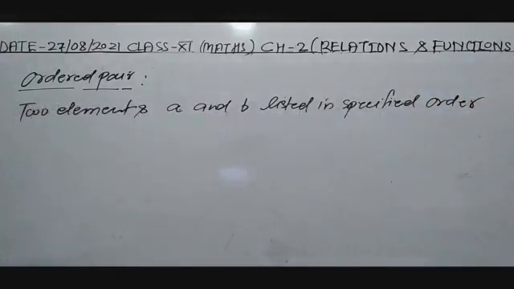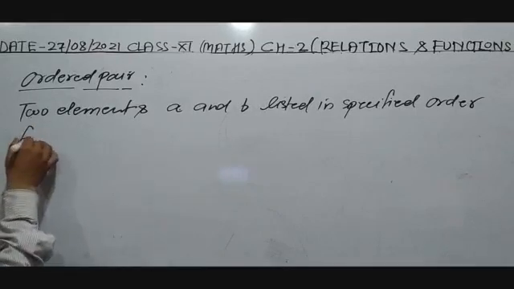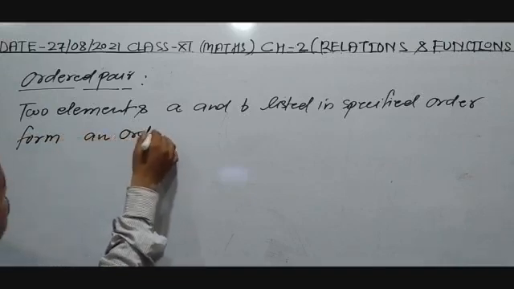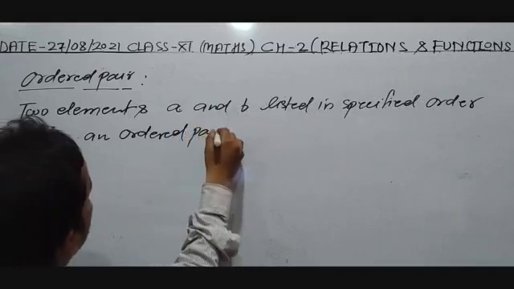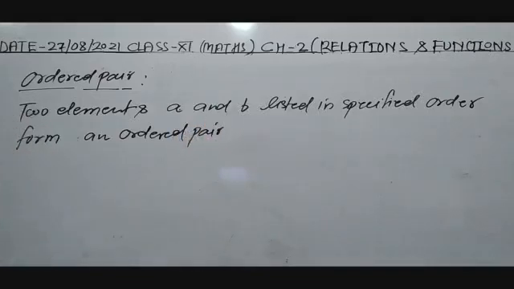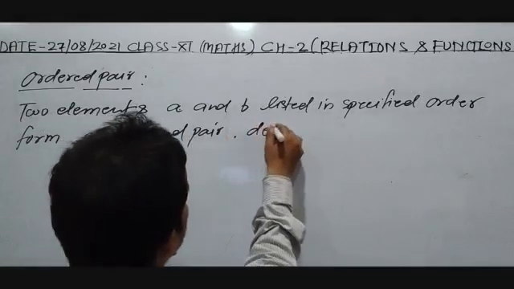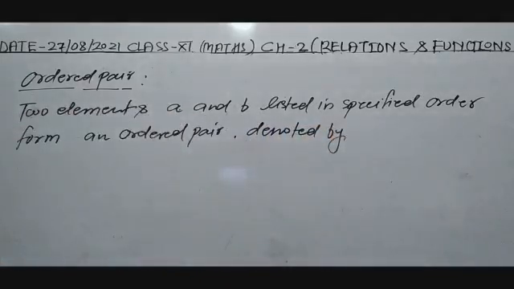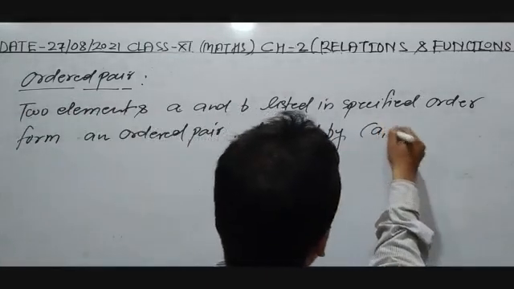This order will form an ordered pair, and it is denoted by small a comma b.